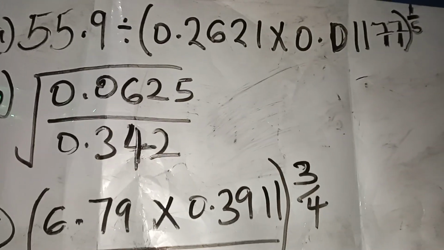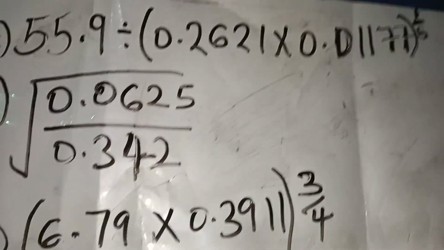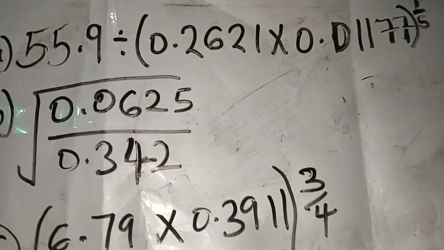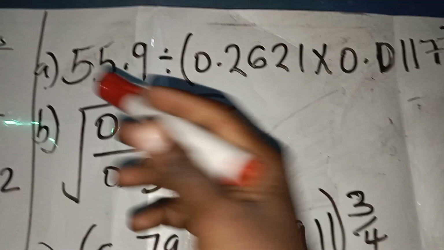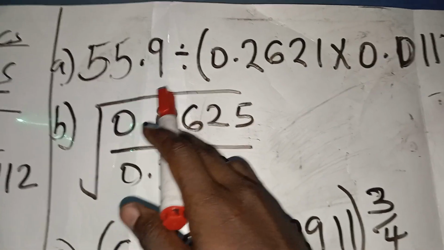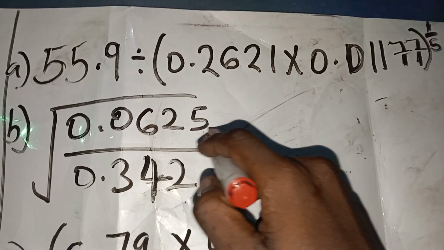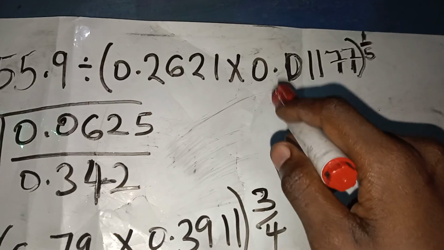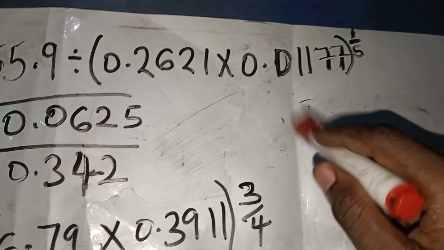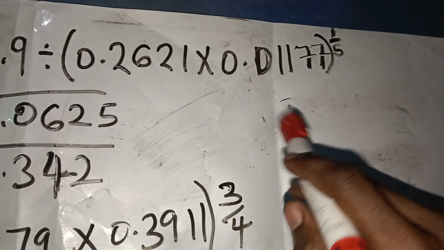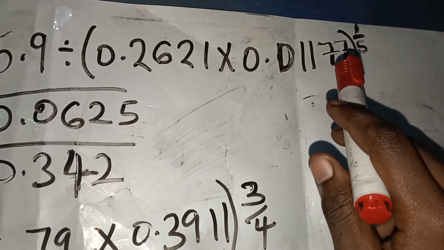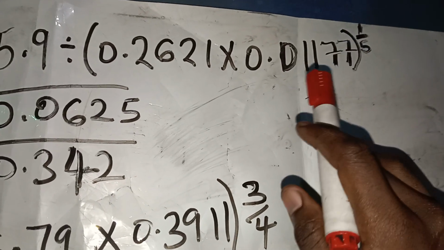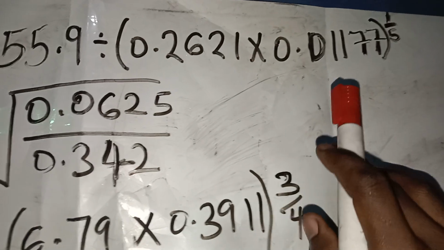So these are the questions that I've given you to attempt. This is 55.9 divided by, in bracket, 0.2621 times 0.01177, in bracket raised to the exponent or power 1/5.